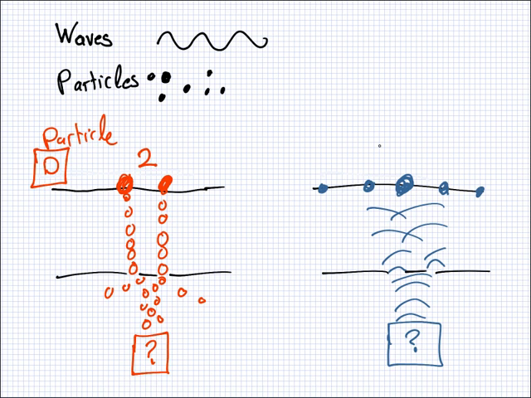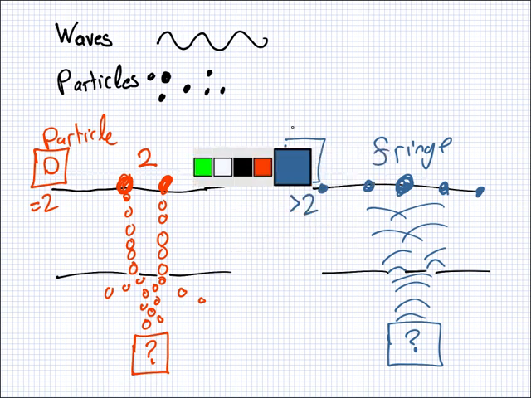This is called a fringe. So your detector will tell you you have a wave. It's a very simple experiment to know, is it a particle or is it a wave?